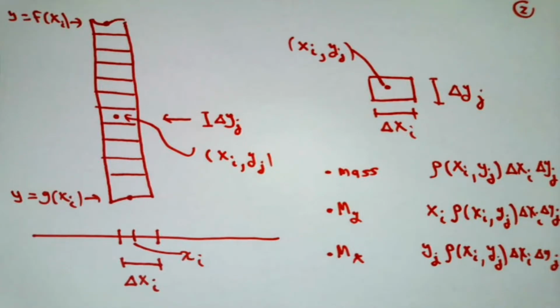The yj's are not constants, and the delta yj's need not be constants. To find the contributions to each one of these things for the vertical strip number i, I have to add up each one of these quantities over index j. i is a constant when I'm thinking about chunk number i.